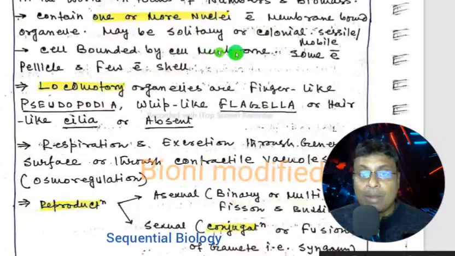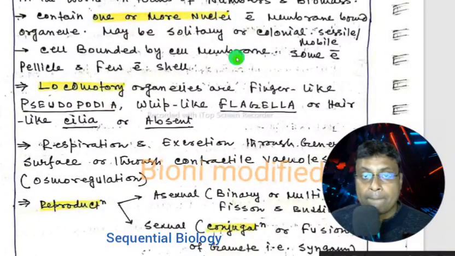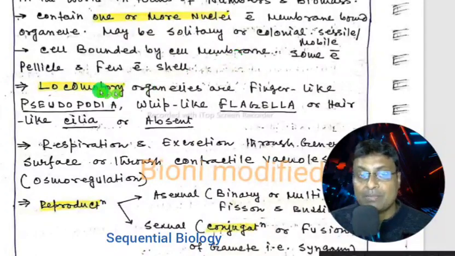They are bounded by a cell membrane. Since they are not plants, no cell wall can be seen outside the cell membrane in this phylum. Their protoplasm is bounded by a cell membrane, which is a phospholipid bilayer membrane. In some representatives, just outside the cell membrane, a special matrix-like structure, the pellicle, can be found, and a few have a shell or another special covering over the cell membrane.